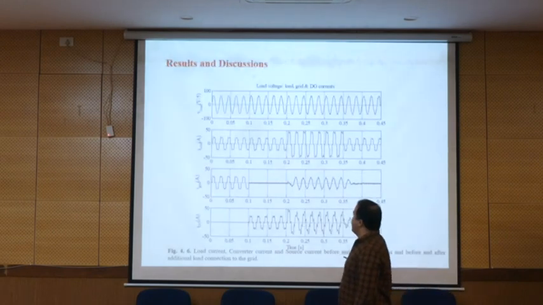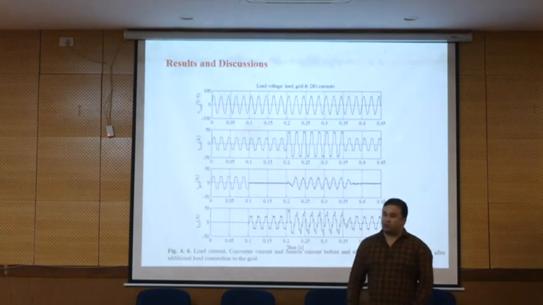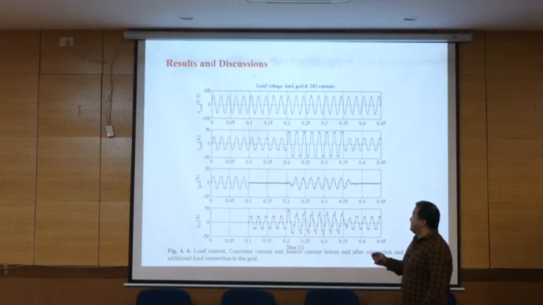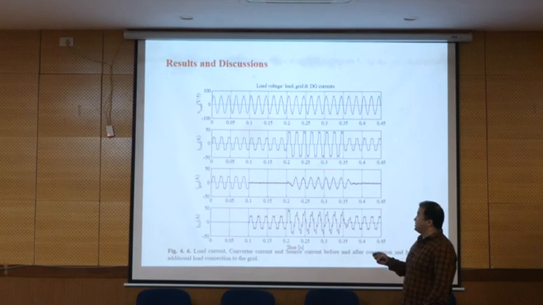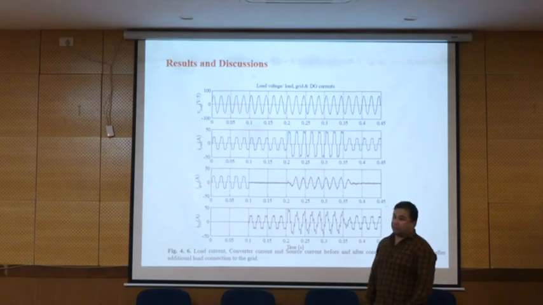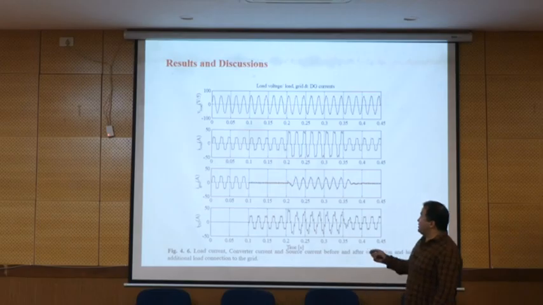Okay, so assuming that you have a load, this is the voltage of the load, I mean the point of common coupling, and then your load is a non-linear load. This is the I load, this is the I grid, and this is the I DG. So your load is non-linear.